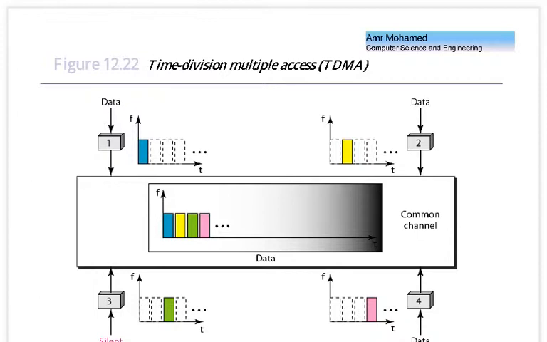So just to go back to our usual meeting example. TDMA is simply that we don't have any coordinator, but the meeting is divided into time slots, and the number of time slots equals the number of participants in the meeting.